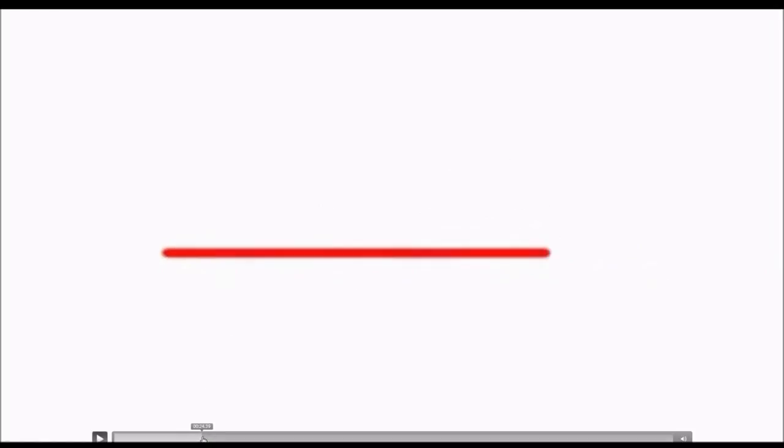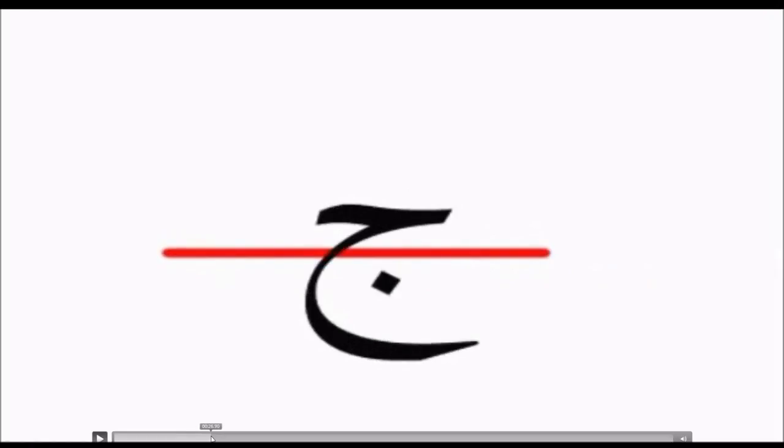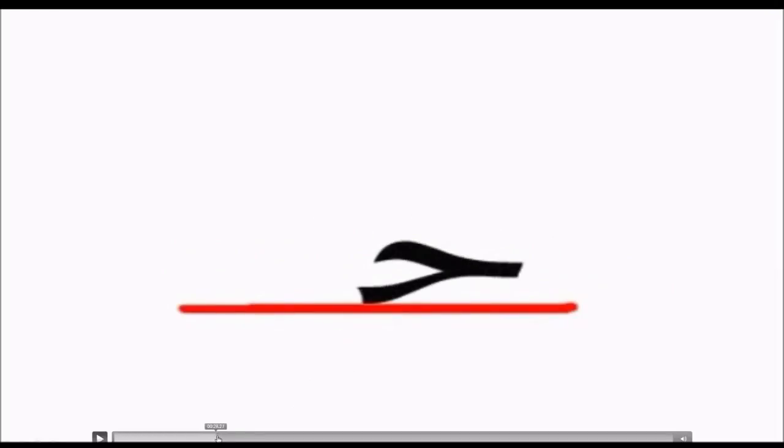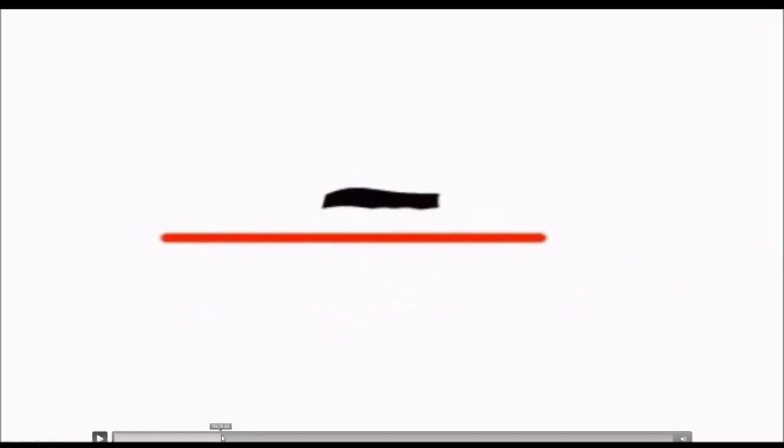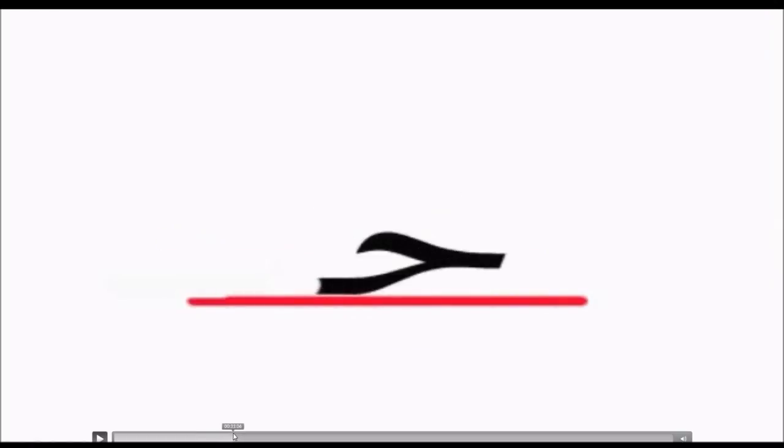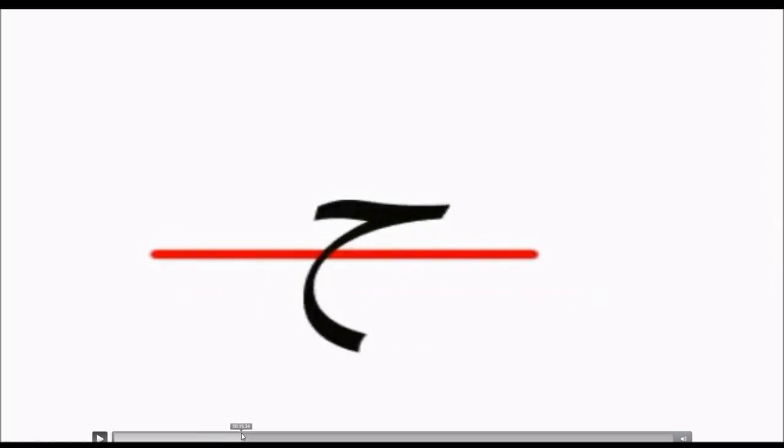And this is j, and this is how you write j at the end of the word, or if it's connected, you connect it from here. And also it's going to be the same for h, as you can see, and then almost also for the kh. Three letters have the same drawing.